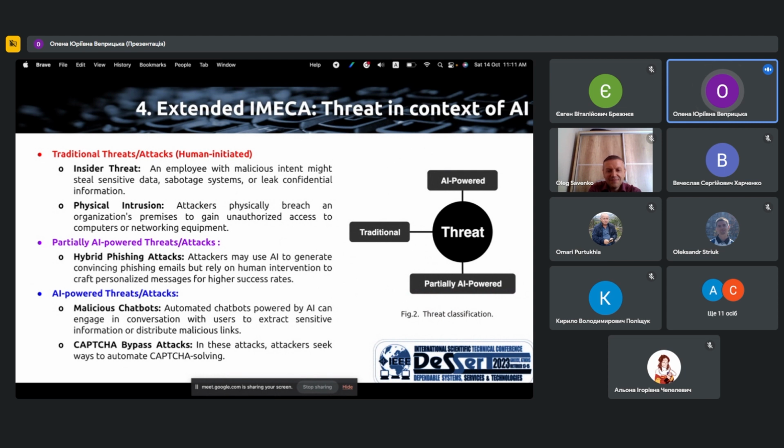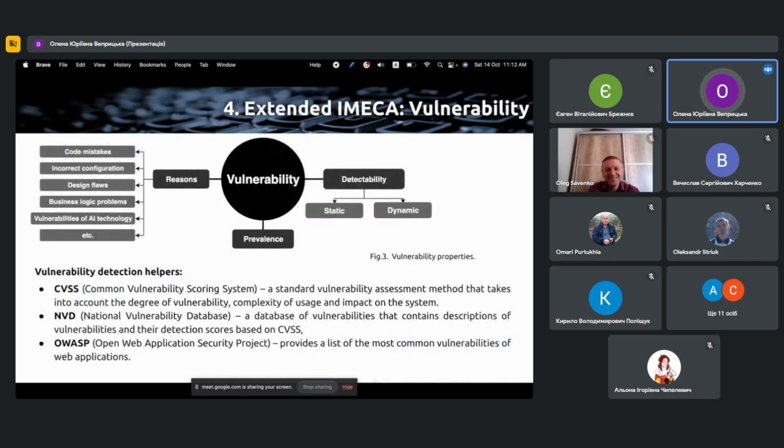Threat is proposed to be classified into traditional, initiated by human, and AI-powered threats. AI-powered involves AI technology to automate the attack, e.g., captcha solving or malicious chatbots, and it could be partially AI automated, for example, AI phishing link generation with traditional dissemination. The next parameter is vulnerability. In vulnerability it is necessary to determine the root causes.